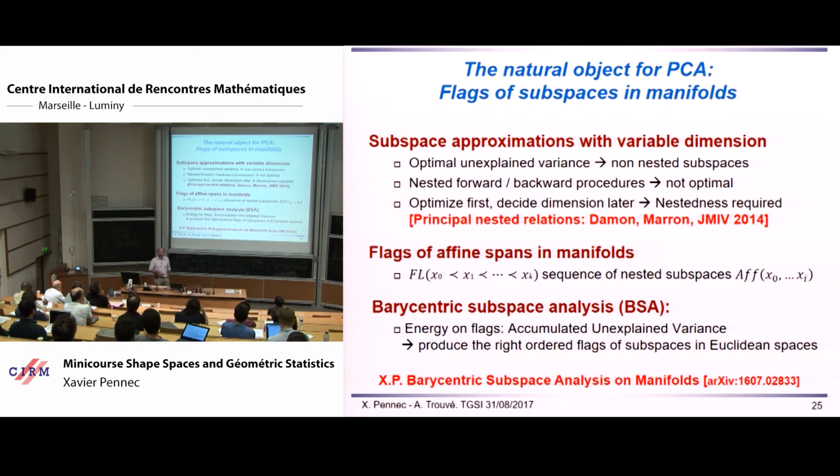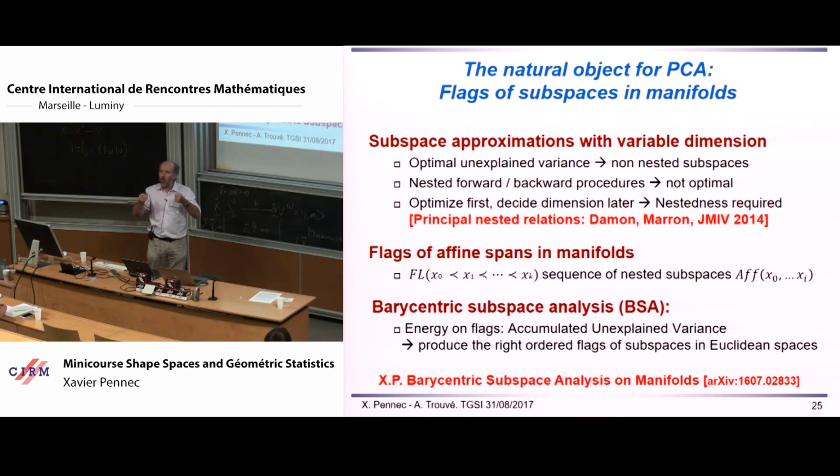The second thing is, so far I talked about PCA. When you do a PCA, you're computing the mean, the first mode, second mode, third mode, and each time you're building an increasing sequence of subspaces where your data are better approximated. So what we would like in manifolds is not just to find one subspace of fixed dimension, but a series of embedded subspaces.